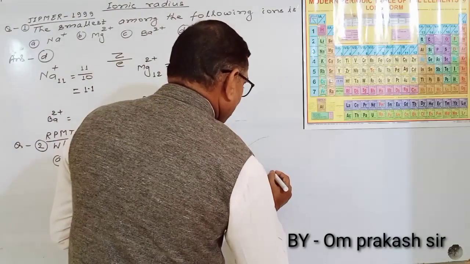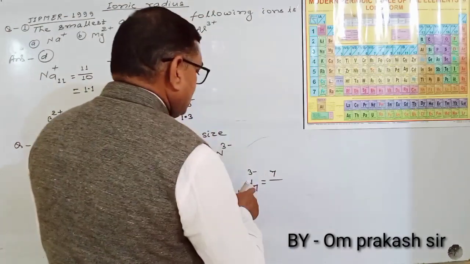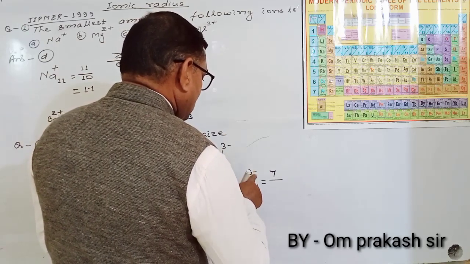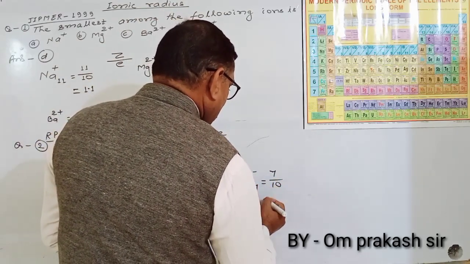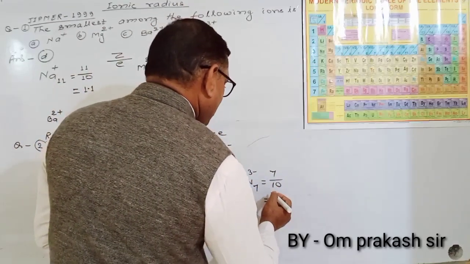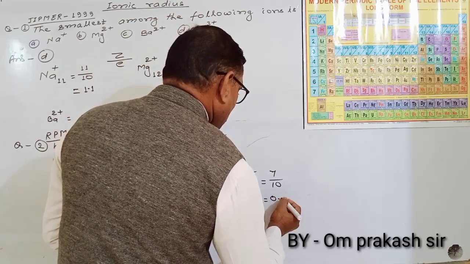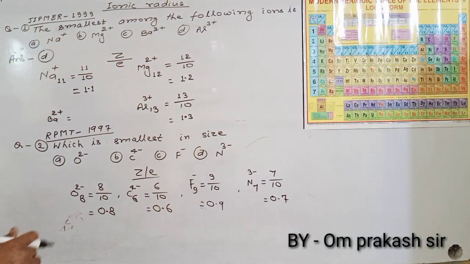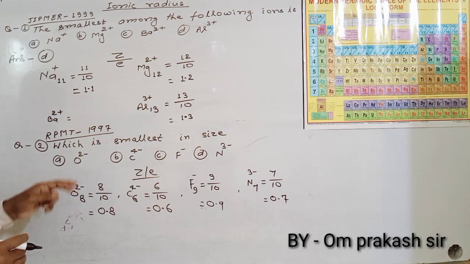Here we write 7, and in 7 we add 3 and get 10. The value of Z upon E is equal to 0.7. We explain Z upon E value of all options.